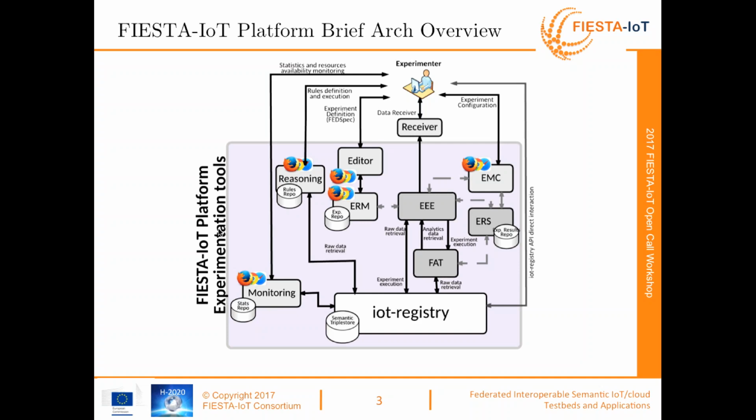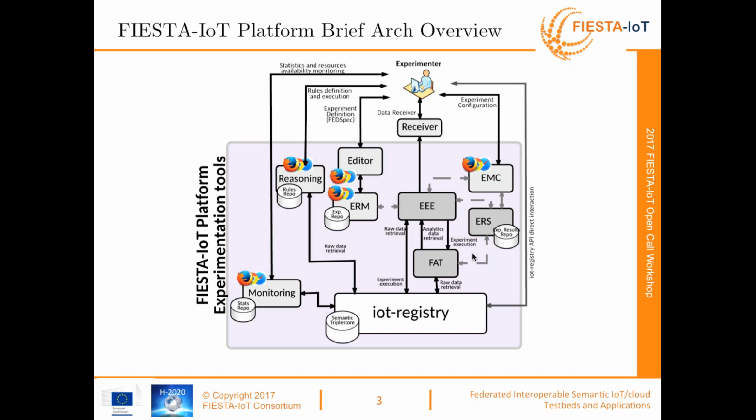Another way, which I will be talking about throughout my presentation today and will probably give you a demo of, is this part here, where you as an experimenter can create the specification, execute that specification on the IoT registry, receive that data and perform your experiments. I will talk about this part in detail in the next slides.